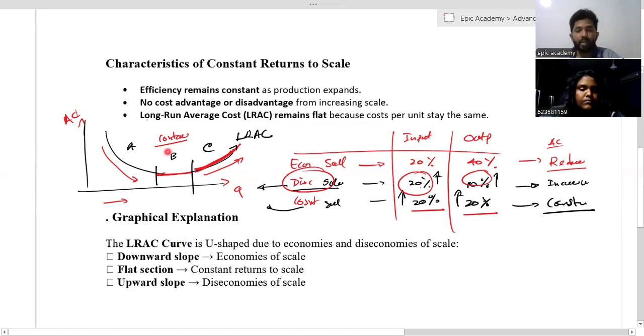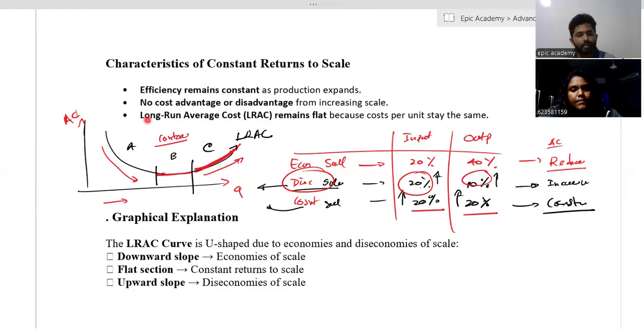In that time period, you have to identify each and every factor that can be changed in the long run. This is the most valuable part of the long-term period: economies of scale, diseconomies of scale, and constant scale. We call them increasing returns, decreasing returns, and constant returns.